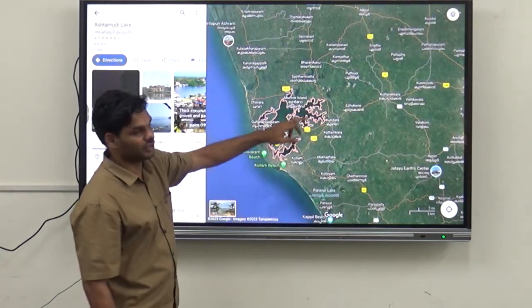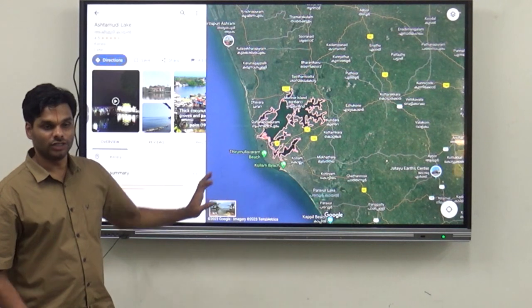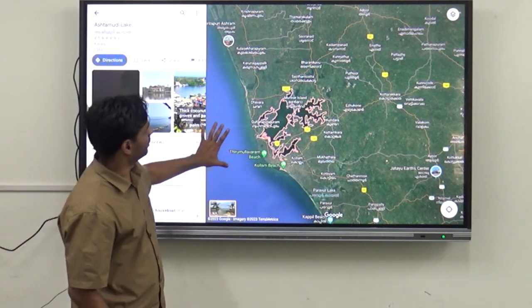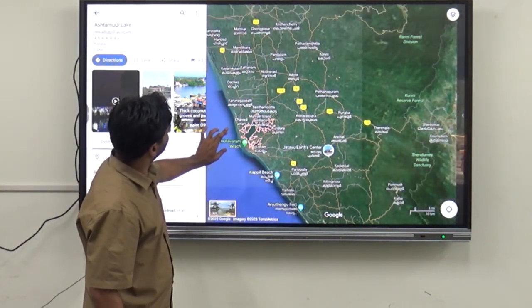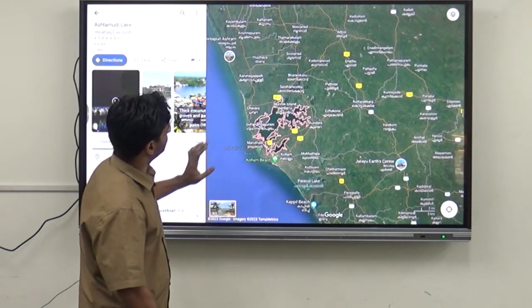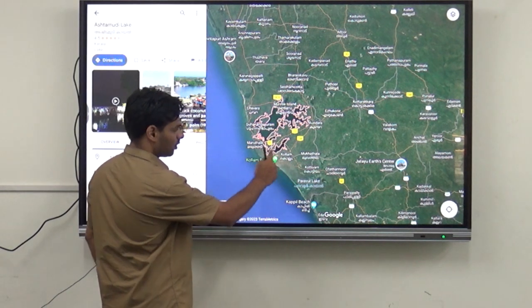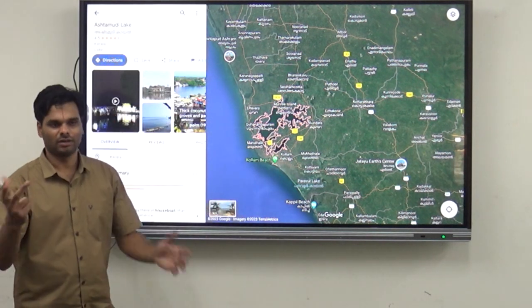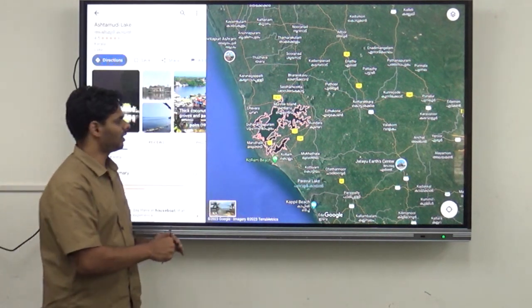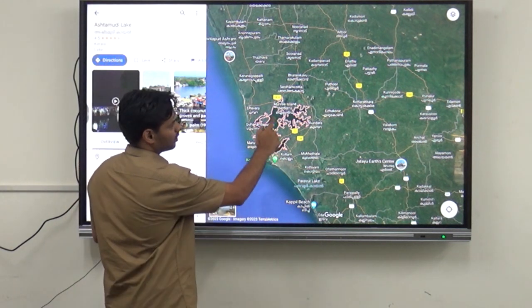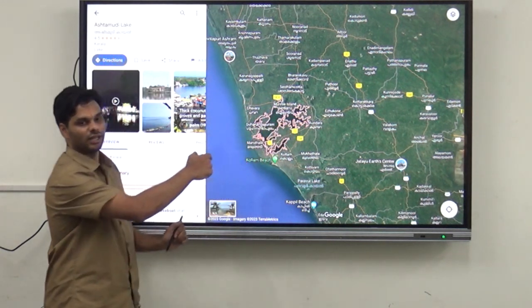This entire thing is the Ashtamudi Lake. Do you see the size of it? Just understand the size of it. These are single cities. This is a city, Kollam. Kollam is quite a decent sized town. So just see the size of all of the wetlands that we are seeing today, right?